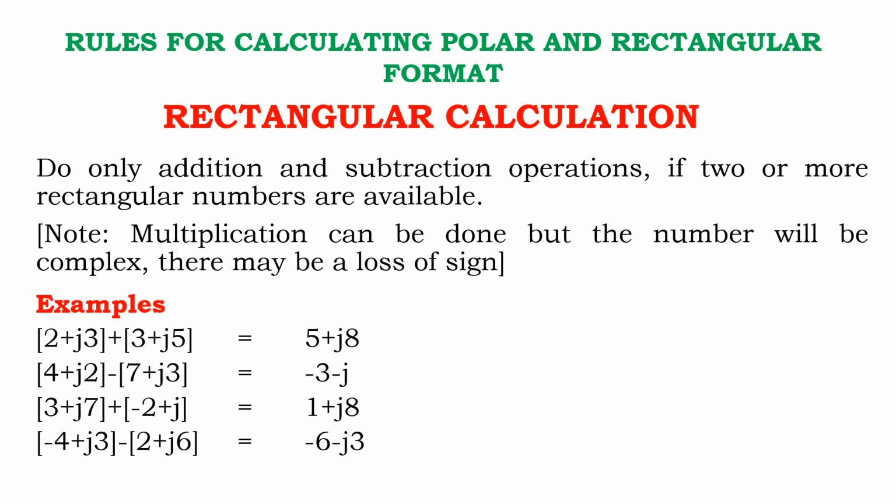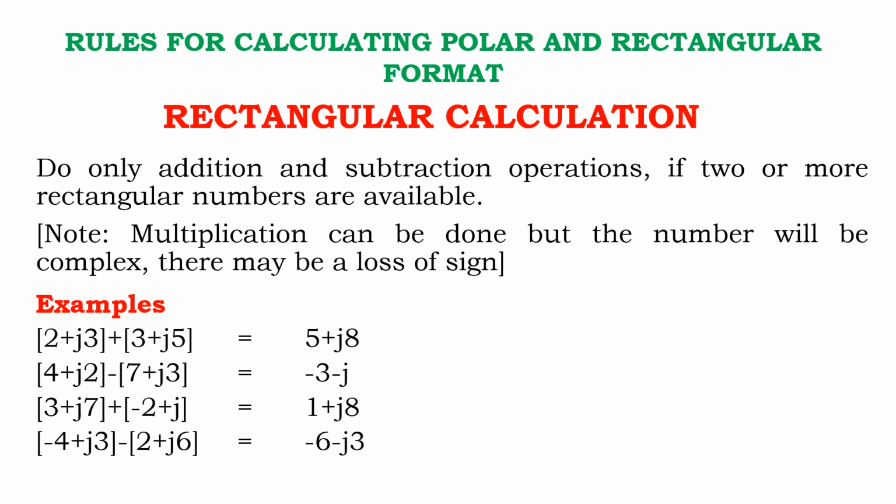Some more examples, but before doing any rectangular to polar or polar to rectangular conversion, some rules should be followed. Please follow only these rules, then only your answer will be correct. If the values are in rectangular form, only addition and subtraction are allowed.